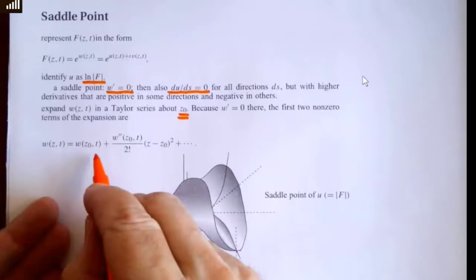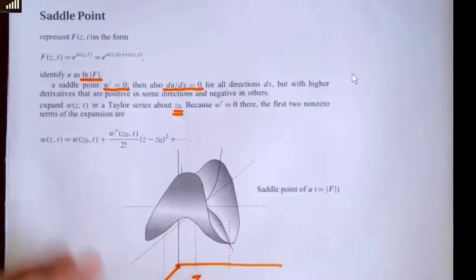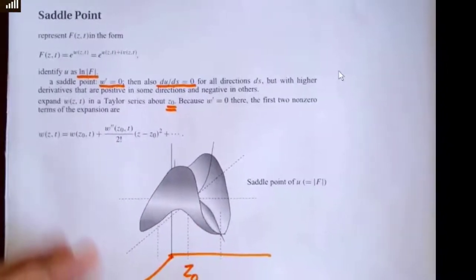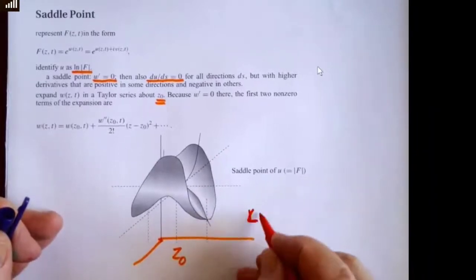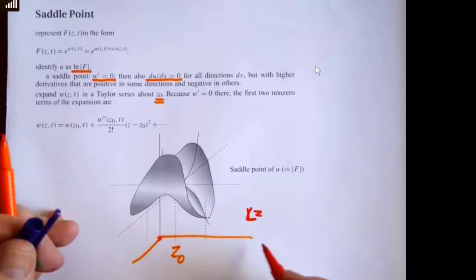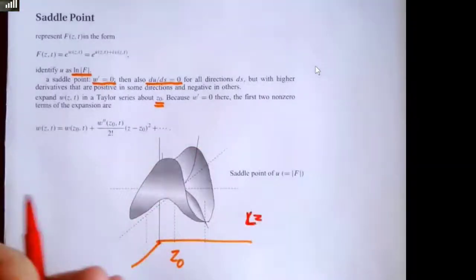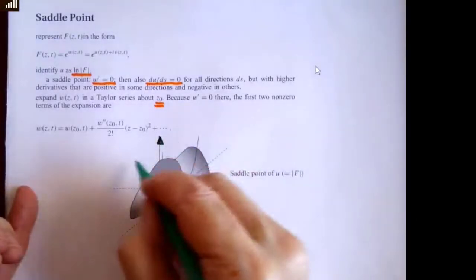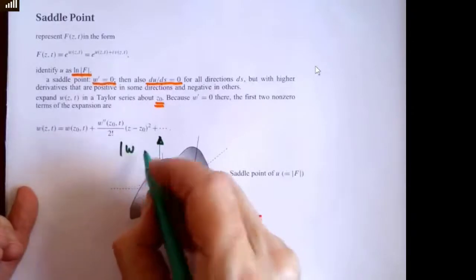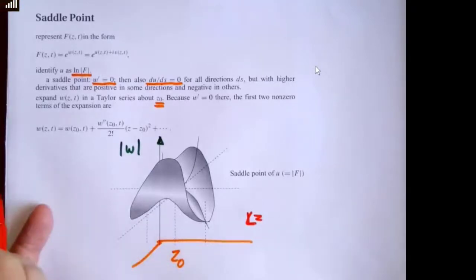So this is z0. This is our C plane down here, invisible. That's a horizontal plane in here, but the vertical direction is the function W, our modular plot, just the value of the function.